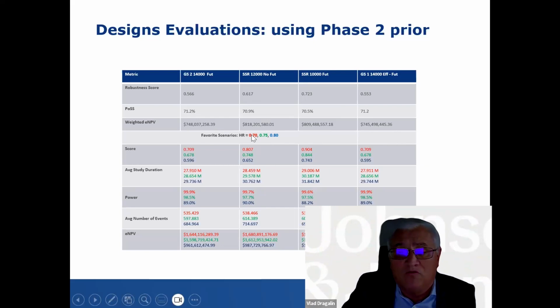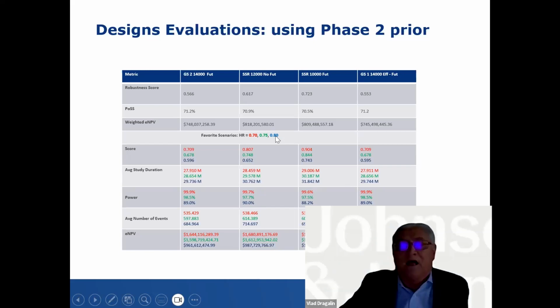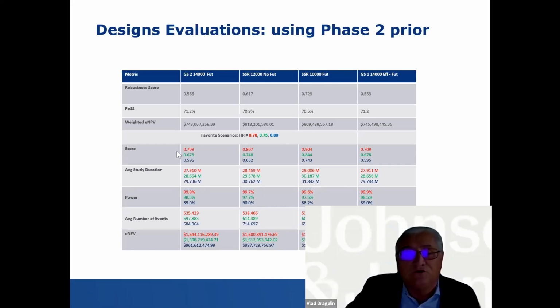But you can pick one of those scenarios. You remember these vertical columns corresponding to hazard ratio 0.7 to hazard ratio 0.75. The numbers here correspond in green to hazard ratio 0.8. And now you can see a head-to-head comparison of the performance of each design under those assumptions, right?